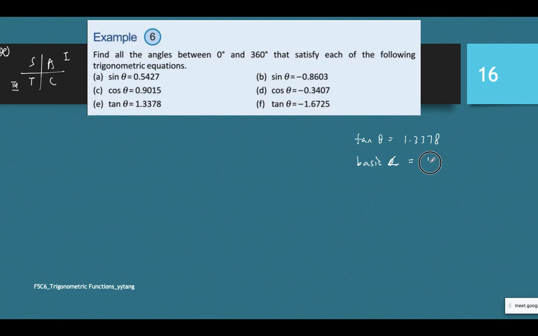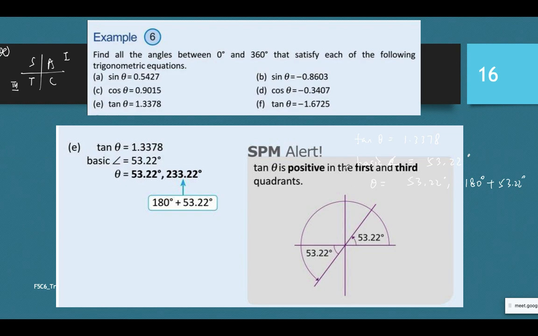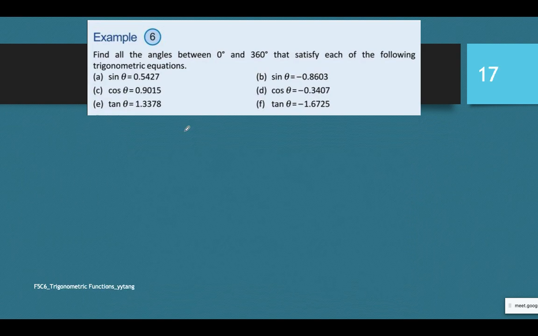Got it? Very good. So now theta equals to first quadrant and third quadrant. Third quadrant how? 233.22. Very good. It's 180 plus, right? 233.22. Very good.